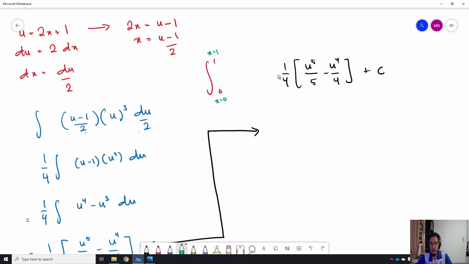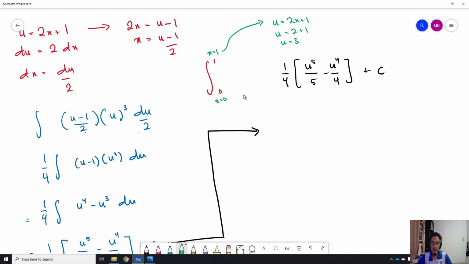Our function right here is in terms of u, so we can find the value of u for our integral. So we take the equation u equal to 2x plus 1 and substitute the value of x. It becomes u equal to 2 plus 1, so u is equal to 3.